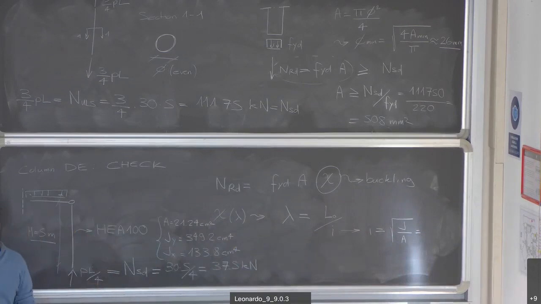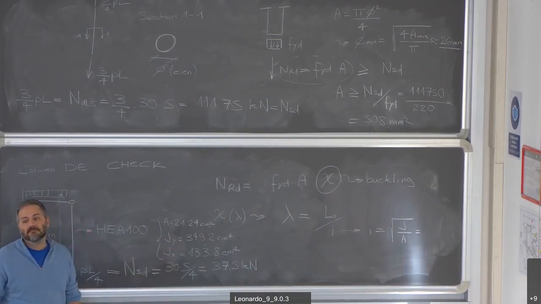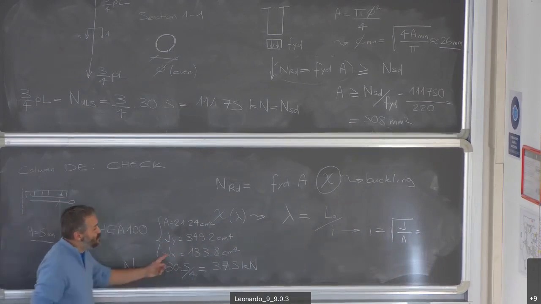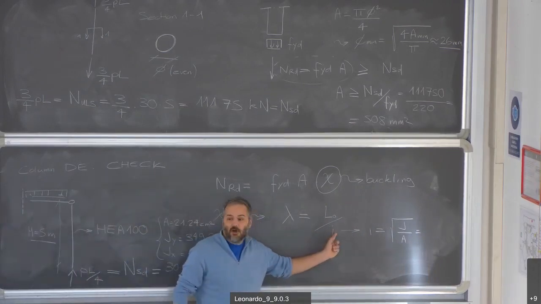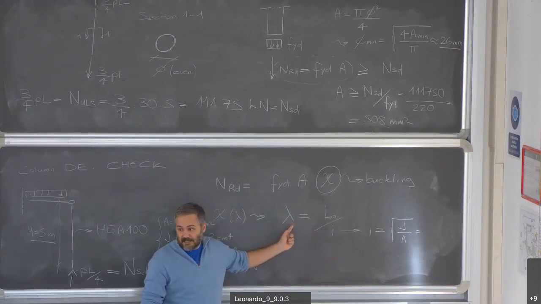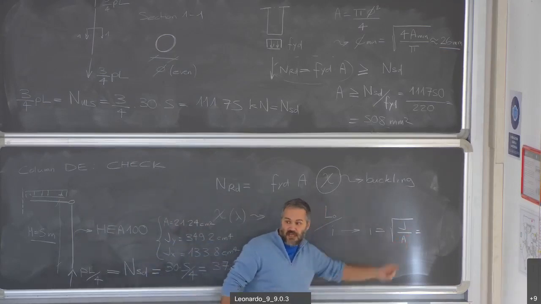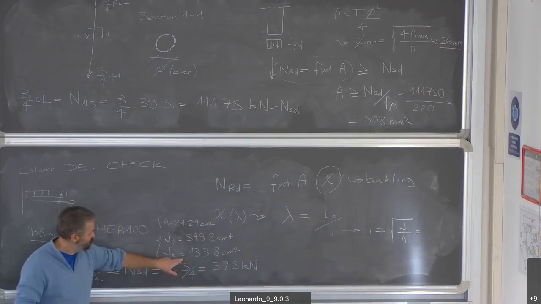Which J do I take? There are 2 choices. Since a lower I gives a higher slenderness and therefore an increased risk of buckling, I take for J, Jx, the lower one.